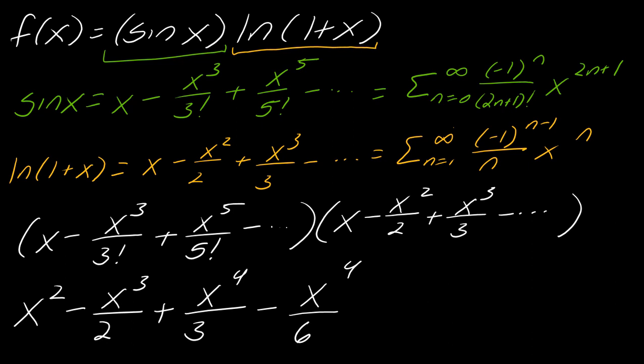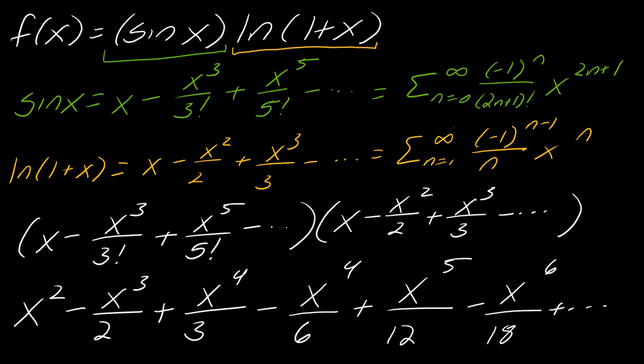Then this becomes plus x to the 5th over, 3 factorial times 2 is 12. And then minus x to the 6th over 6 times 3, which is 18. This is enough to help us establish the pattern of what we're trying to do. You might have to multiply out a few terms just to understand this.